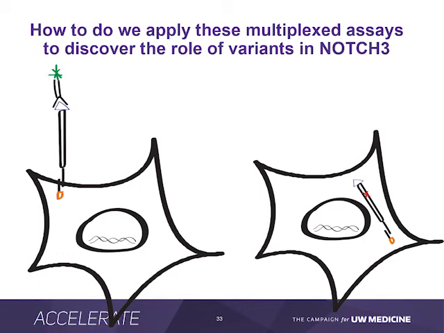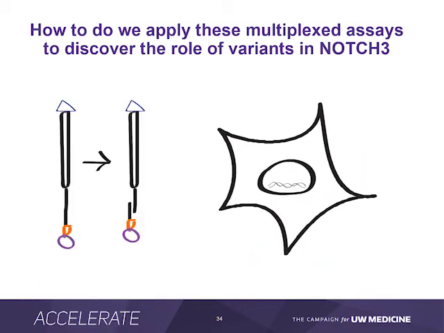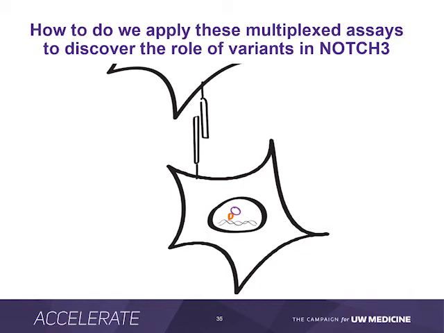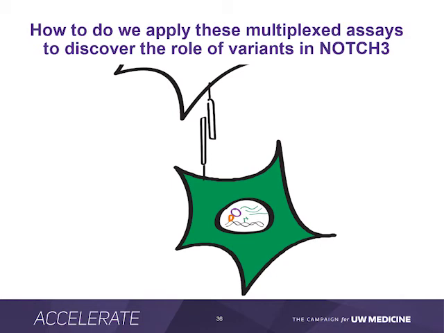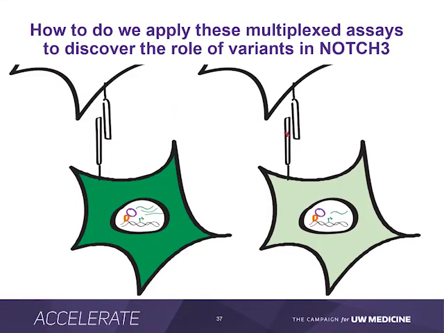Okay. And then another thing that I told you Notch 3 has to do is that this little orange piece has to get into the nucleus to turn some genes on, right? So what we can do is take another protein that's a different transcription factor and fuse it onto this end of Notch 3, okay? And then when that gets into the nucleus, this little piece of protein will turn on green fluorescent protein or something like that, turning these cells green.